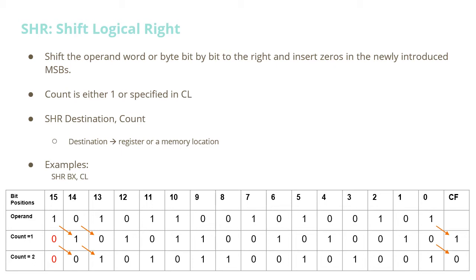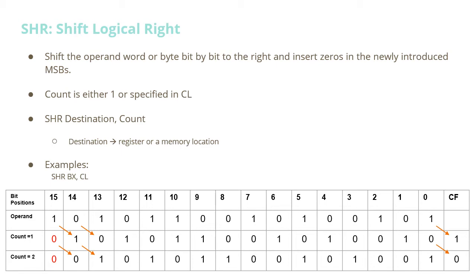It cannot be an immediate number. All the flags are affected by this instruction. An example for this instruction is SHR BX comma CL. So here the contents of the BX register are used as the operand, and the count, that is the number of times it has to be shifted to the right, will be specified in the CL register.